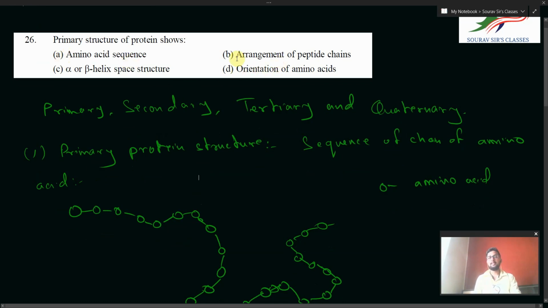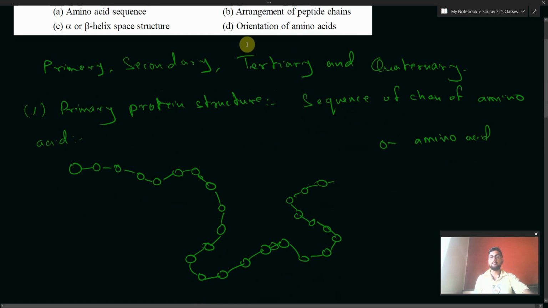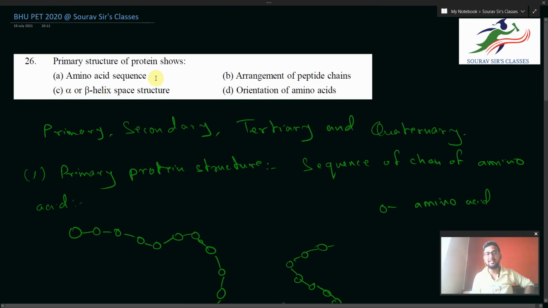No orientation, no arrangement or alpha beta helix structure, because alpha beta helix structure is there in the secondary structure. Arrangement of peptide chain is in the tertiary, and the orientation of amino acids is basically not there. So options C, B, and D won't be the correct option, and according to that, option A would be the correct option.